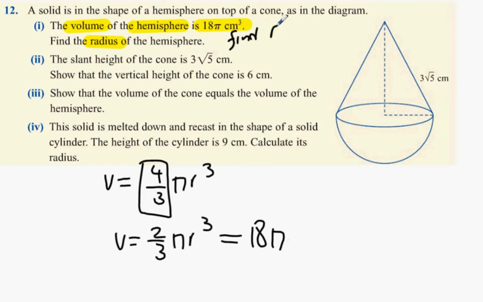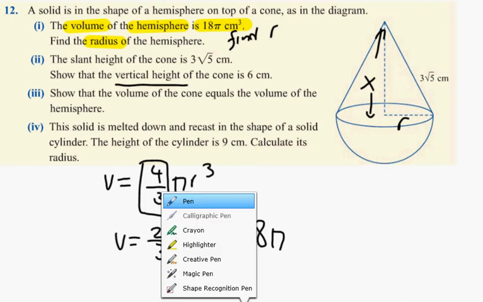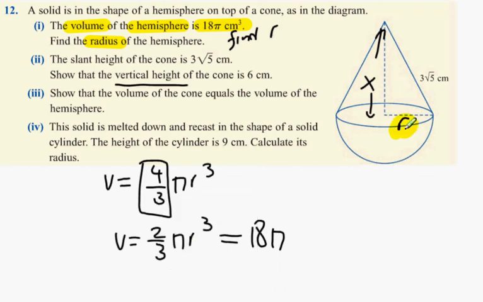Okay. After you found r, what happens next? You know what r is here. Okay? And you're next asked to find the vertical height. You want to find out this here. Anybody know what to do now? Pythagoras' theorem, okay? Because part 1 gives you the yellow part, and part 2 is asking you for the blue part.